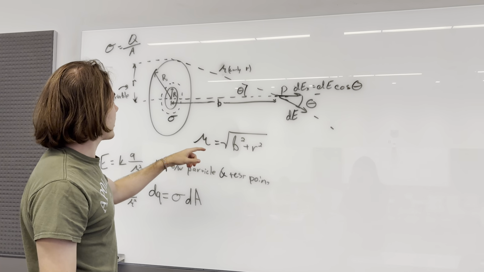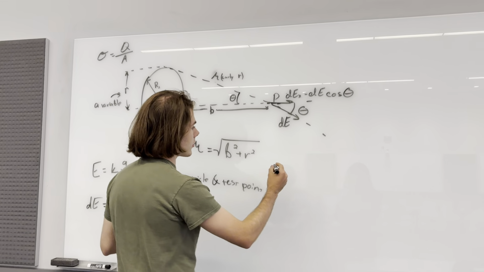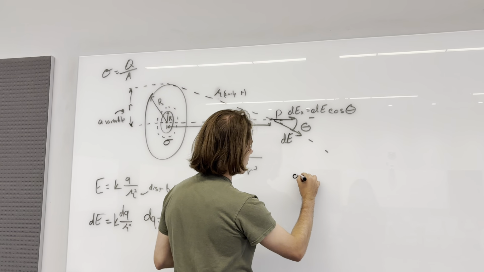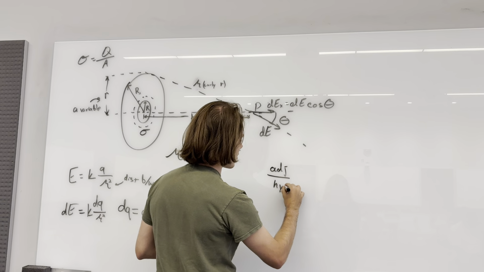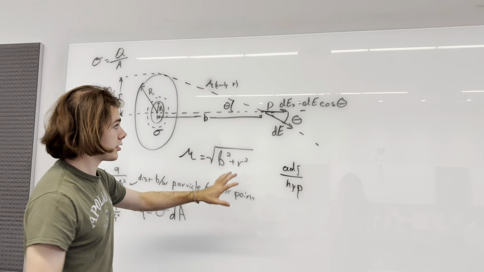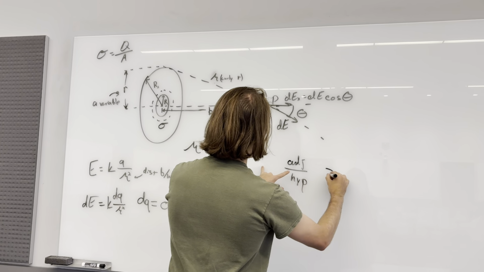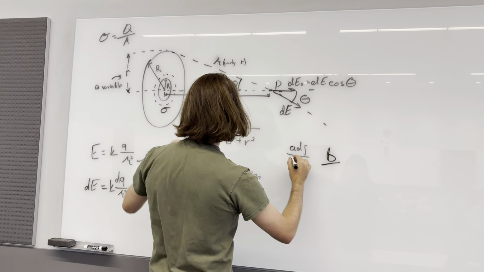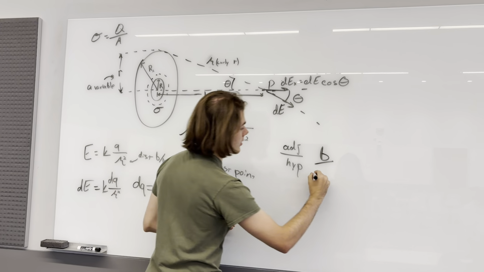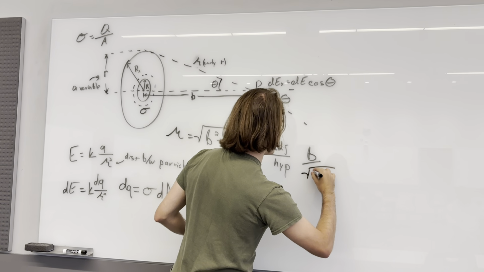So cosine theta is adjacent over hypotenuse, which, in this case, is going to be b over curly r, and we know curly r is this. So that's b over the square root of b squared plus r squared.